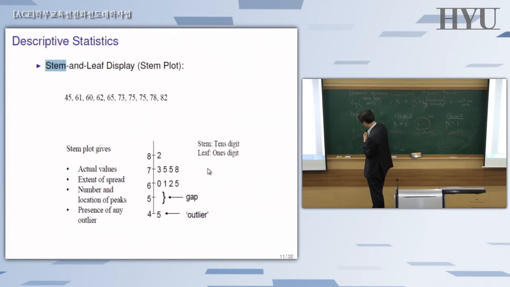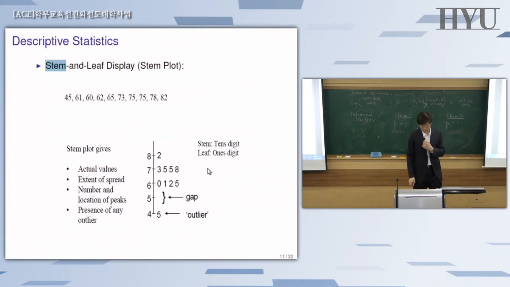Not very good at drawing, but these are leaves, and this main trunk is called a stem. You might have heard the words stem cell research or something. So why is it called the stem and leaf display? If you look at the picture of this one, it's crystal clear.